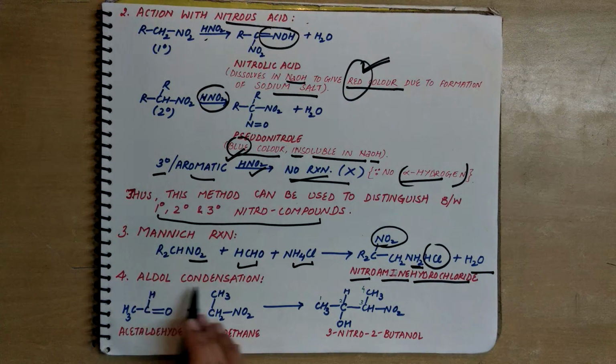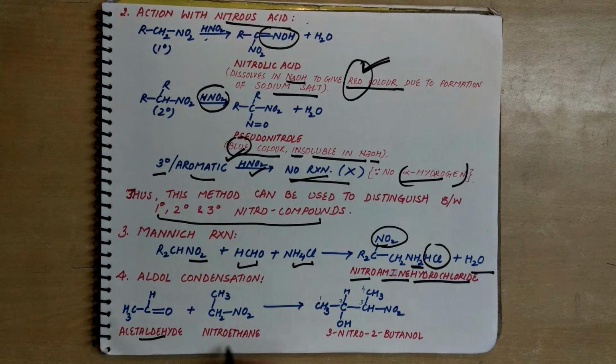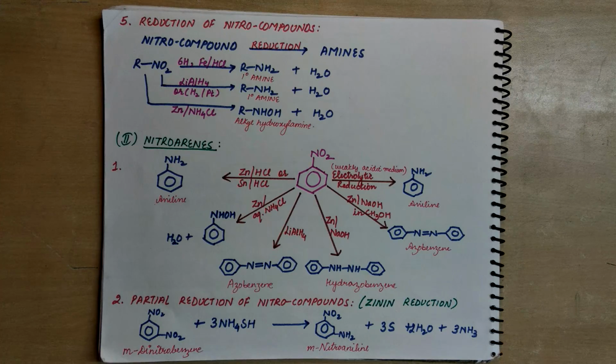Then we have aldol condensation. When acetaldehyde is treated with nitroethane, we get 3-nitro 2-butanol. This is carbon 1, 2, 3, 4, 3-nitro 2-butanol.